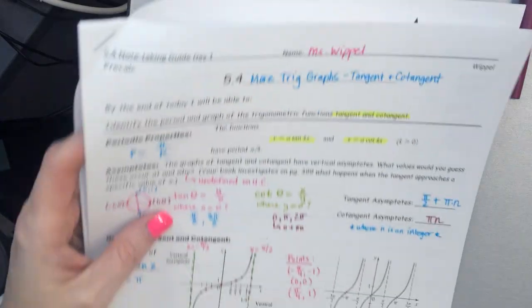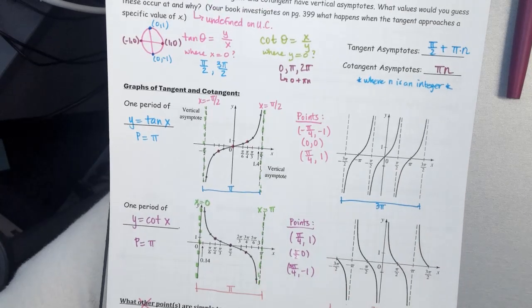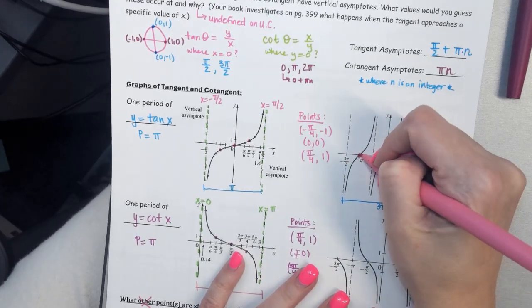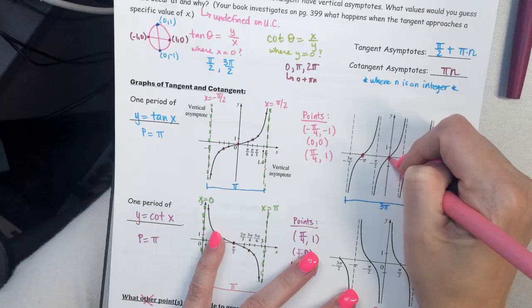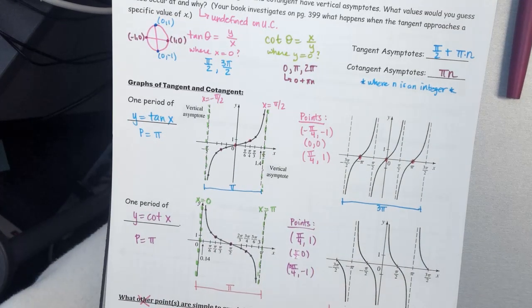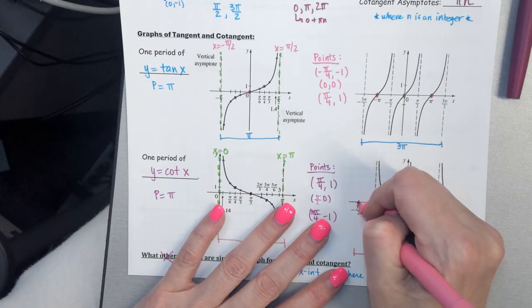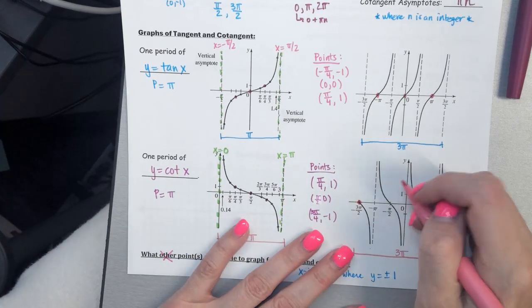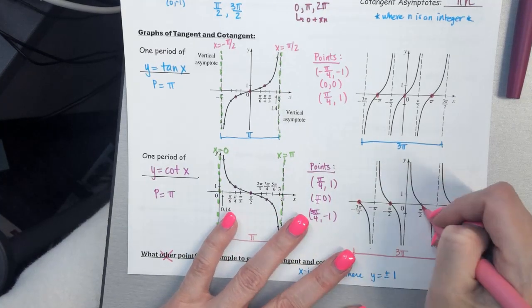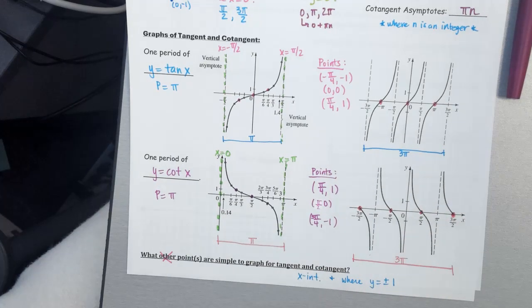Okay, that you see on the front side. Okay, so at the first graph, the x-intercepts you should see are negative pi, 0, and pi. So write those down. Negative pi, 0, and pi. Okay, for the second one, you should have negative 3 pi over 2, negative pi over 2, pi over 2, and 3 pi over 2.